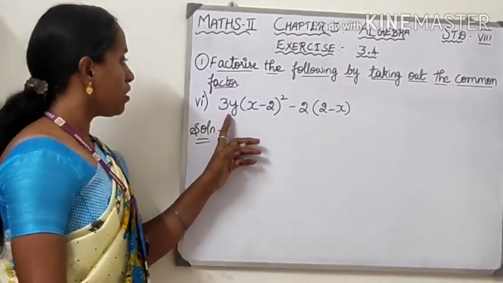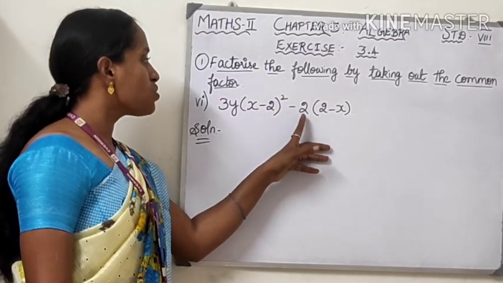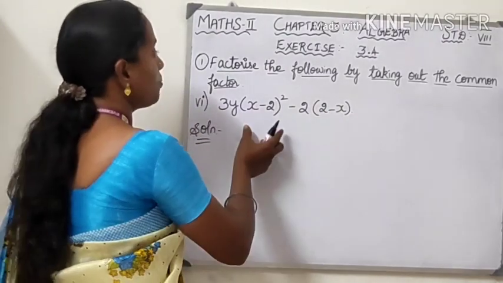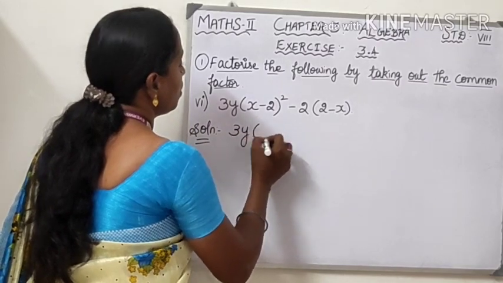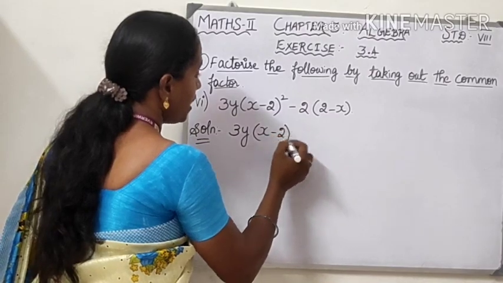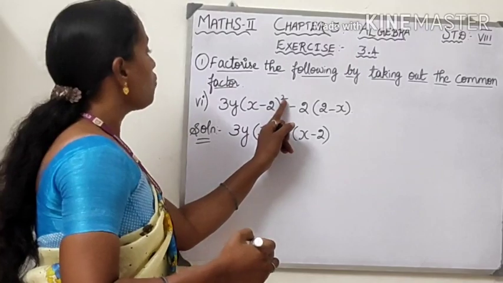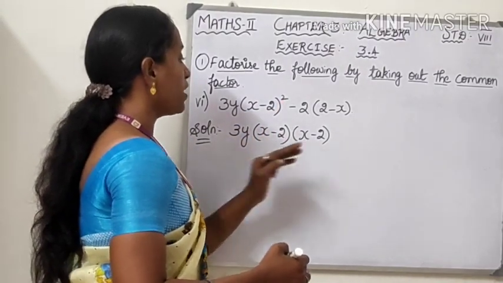We have the question 3y inside the bracket x minus 2 the whole square minus 2 minus x. Okay, so first I am going to rewrite the question as 3y x minus 2 the whole square. It is nothing but we can write x minus 2 as 2 times. So this is the meaning, right, for square. So we can write 3y x minus 2 and then x minus 2.